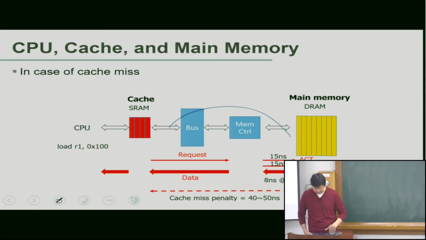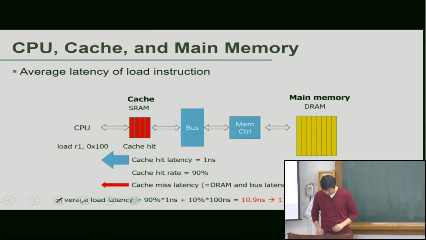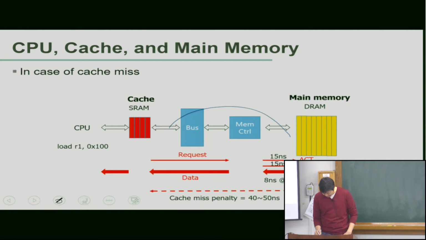So if you run a 1 gigahertz CPU, it will be 40 to 50 CPU cycles. So it will be a long delay.